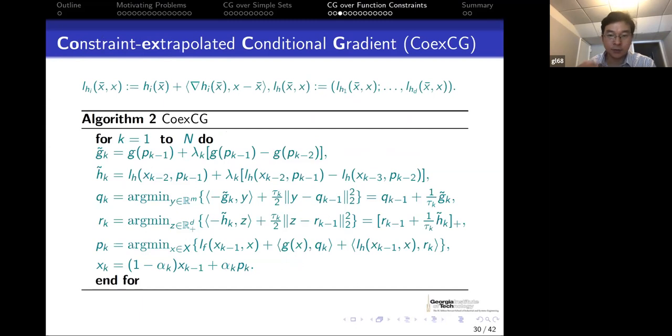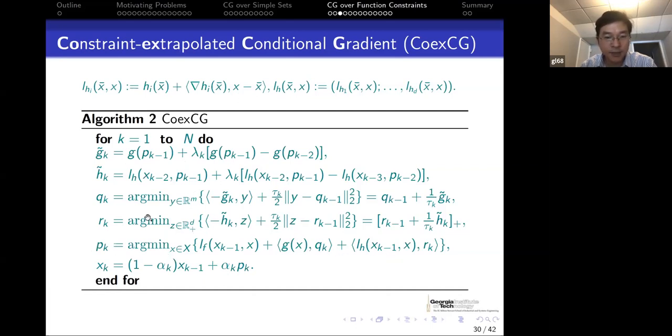So we decide to develop a new algorithm called the constraint-extrapolated conditional gradient method. As you can see, this is a single loop algorithm. In each iteration, we do a few steps, and then we do a linear optimization over the feasible set, okay?